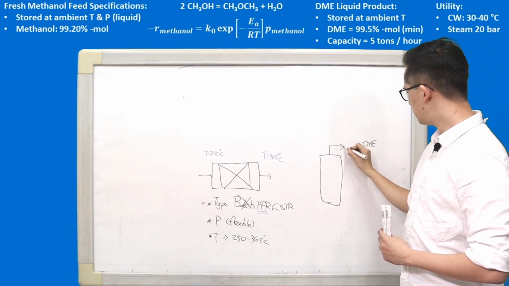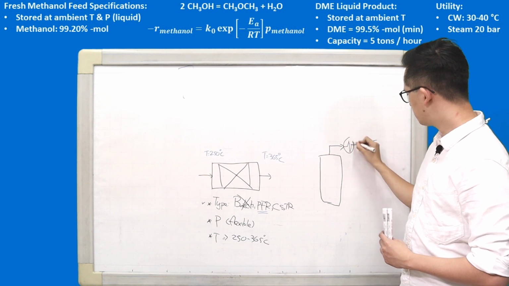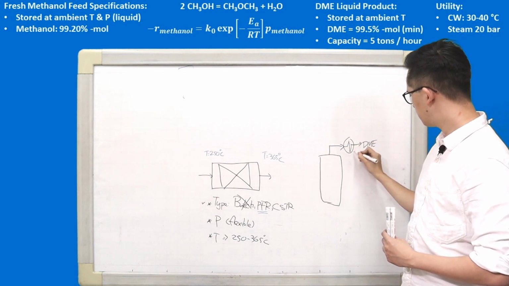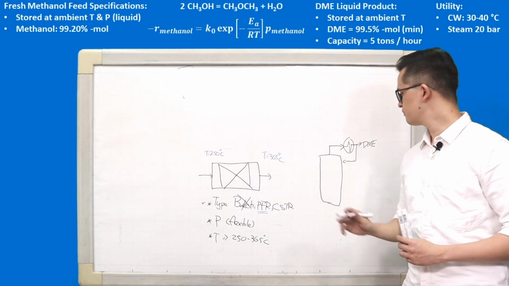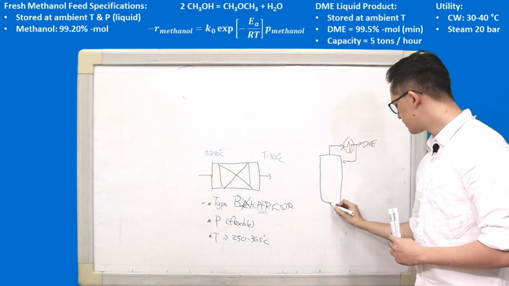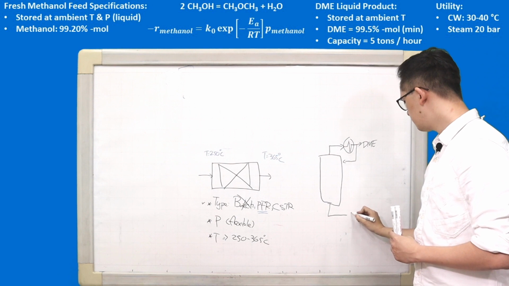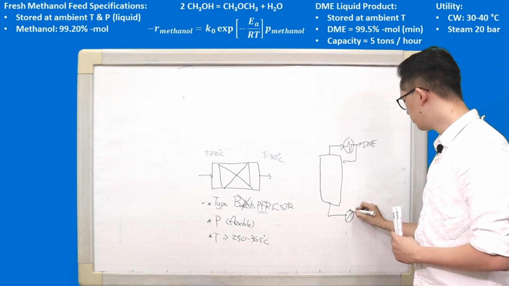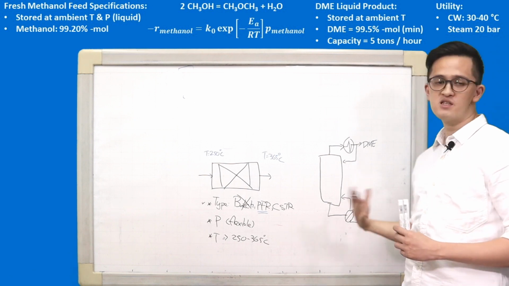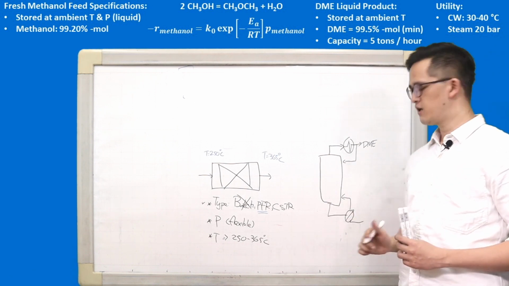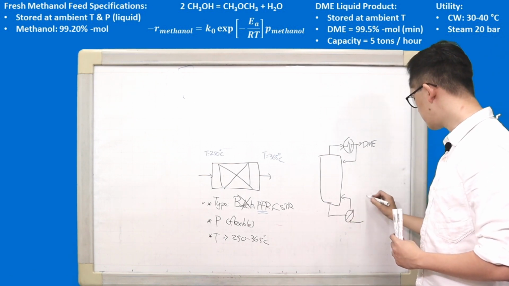So let me add the condenser. And that's the reflux. Okay, what will be the bottom products? So the bottom products after the reboiler, that will be the mix of methanol and water, and that will be sent to the second distillation column.